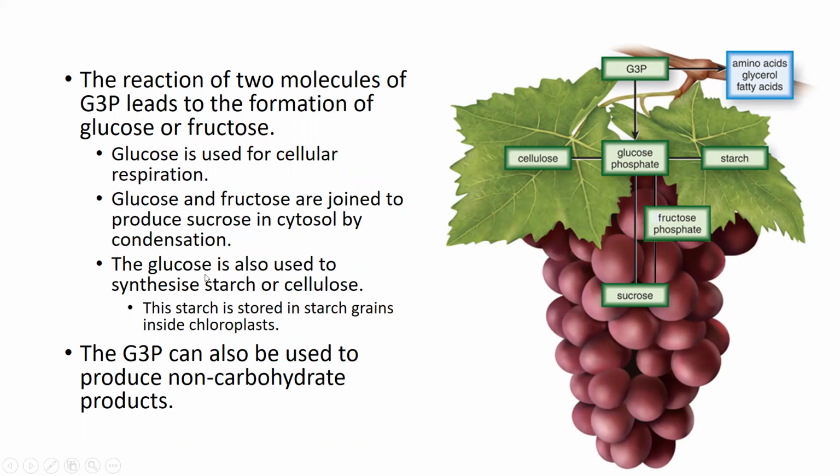The glucose is also used to synthesize starch or cellulose. Then the starch is stored in the starch grain of the chloroplast. The G3P can also be used to produce non-carbohydrate products such as amino acid, glycerol, and fatty acid.